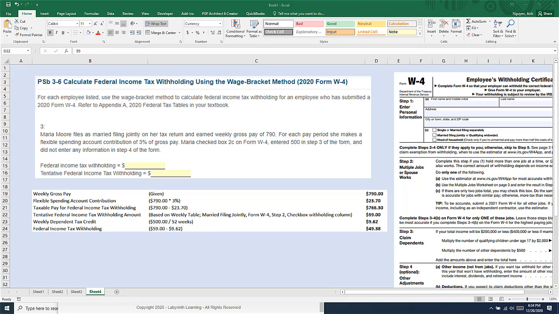And once we apply $9.62, our withholding will be less. It comes out to $49.38. All right. So the final result is we have taxable pay $766.30, but the amount of withholding of that is just $49.38 per pay period, in this case weekly.